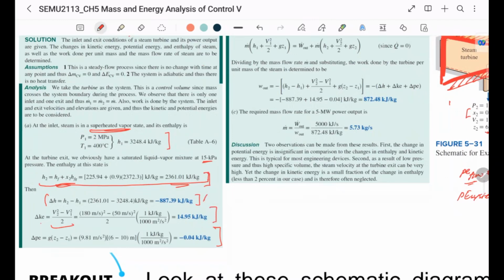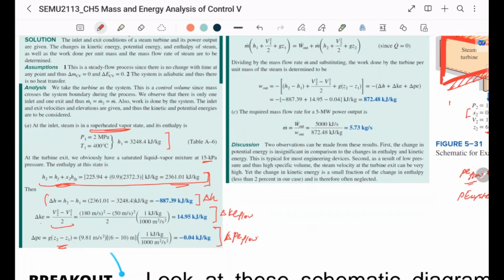So this is delta h, delta kinetic energy, and I'll write in small caps, this is kinetic energy for the flow, potential energy for the flow. Again, this is not always equal to 0. It depends on the question. If there is a change in altitude given by the question, then of course you have to consider that.